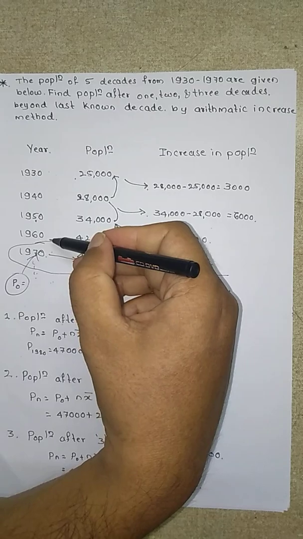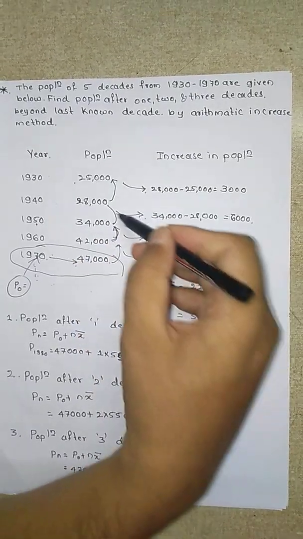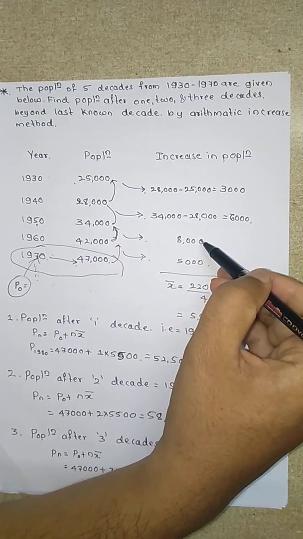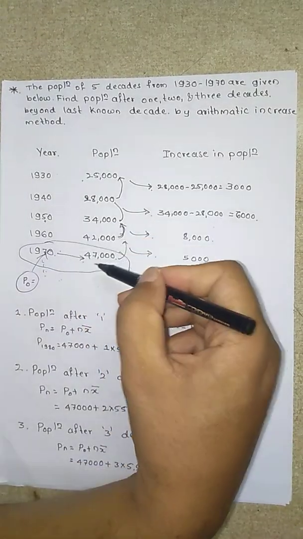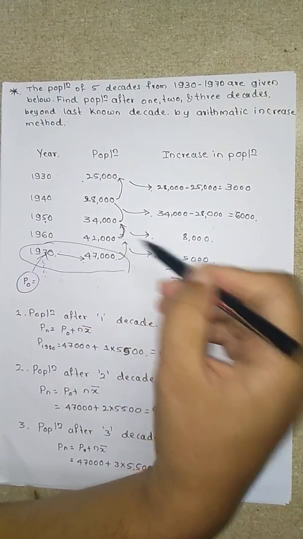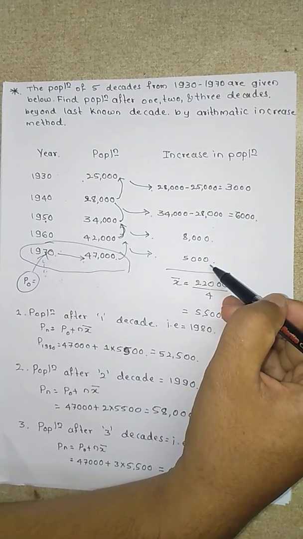Similarly, 1950 to 1960, 42,000 minus 34,000 gives 8,000. And 1960 to 1970, 47,000 minus 42,000 gives 5,000.